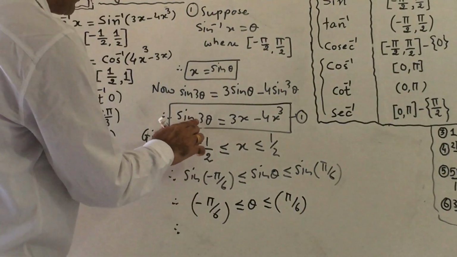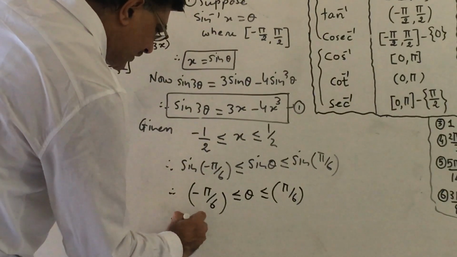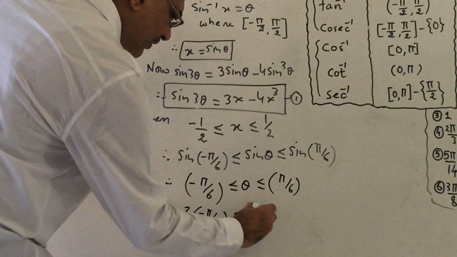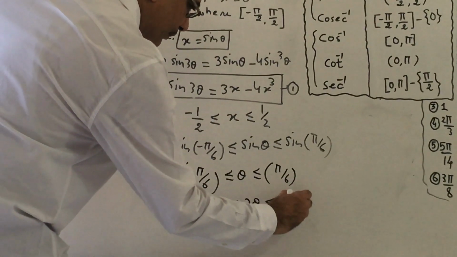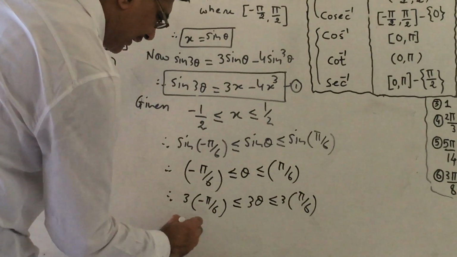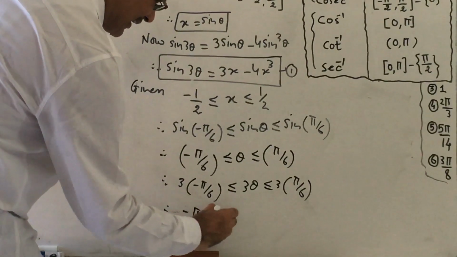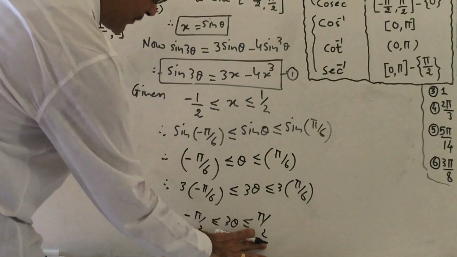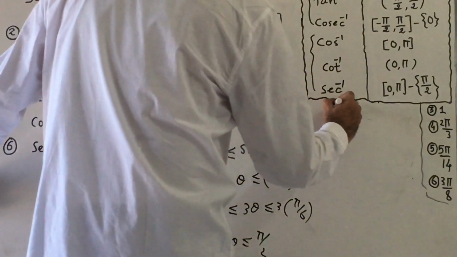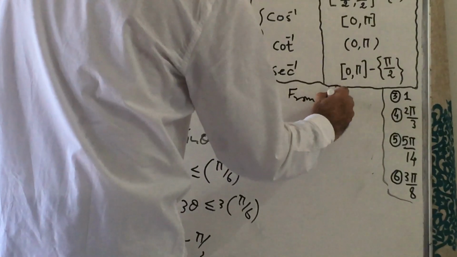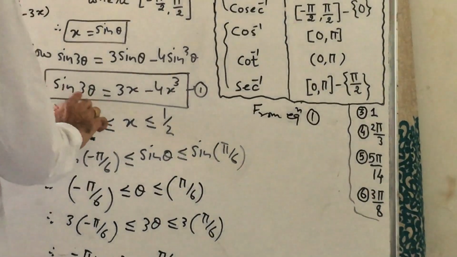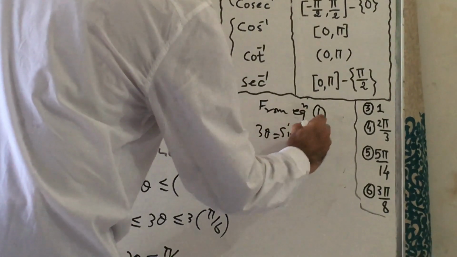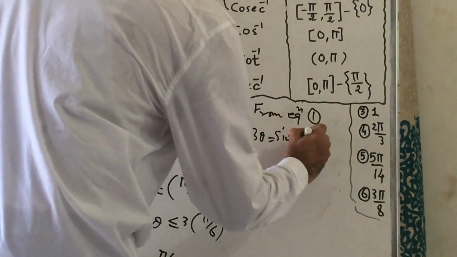Now I have to multiply by 3, because I need 3 theta. So 3 into minus pi by 6 less than or equal to 3 theta less than or equal to 3 into pi by 6. Therefore minus pi by 2 less than or equal to 3 theta less than or equal to pi by 2, which is in the range of sin inverse. So from equation 1 we can take 3 theta equals sin inverse of 3x minus 4x cube.